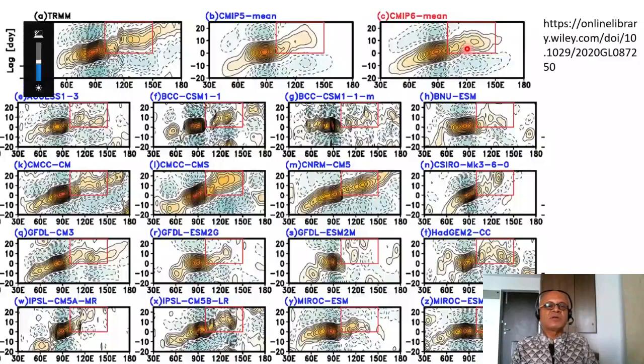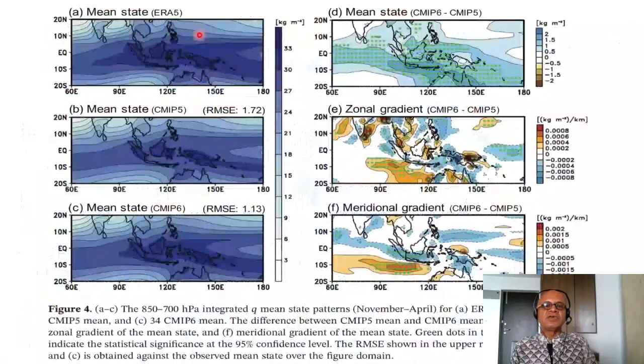This paper looks specifically at what happened at the process level. So it looks at the 850 to 700 hectopascal integrated specific humidity in ERA5, which is a reanalysis product, and at CMIP5 models and CMIP6 models, and looks at the mean state difference and the zonal and meridional gradients.